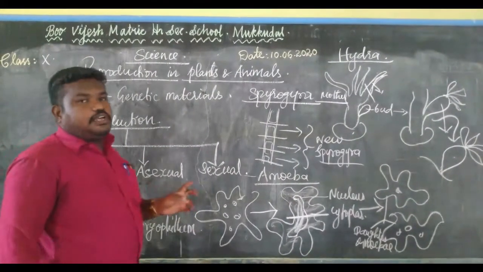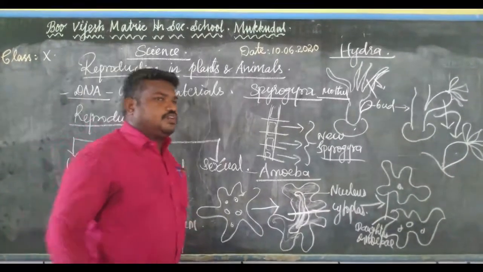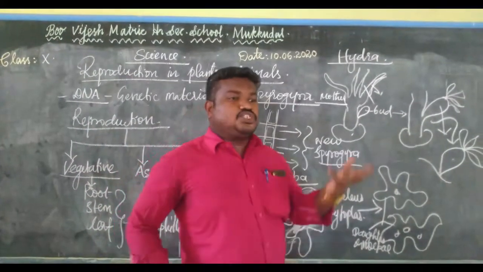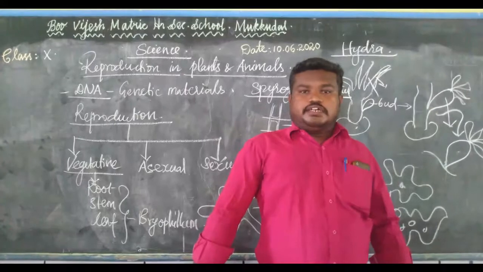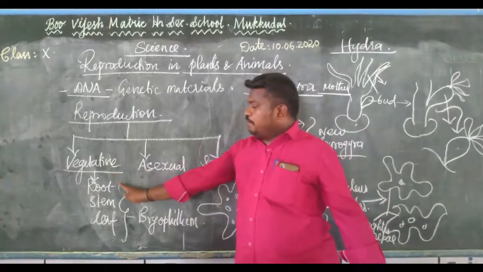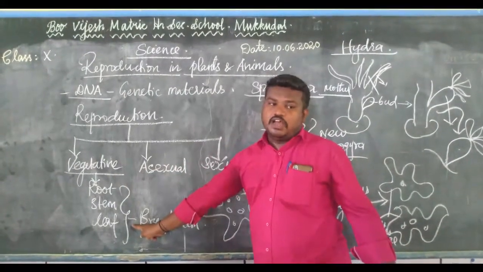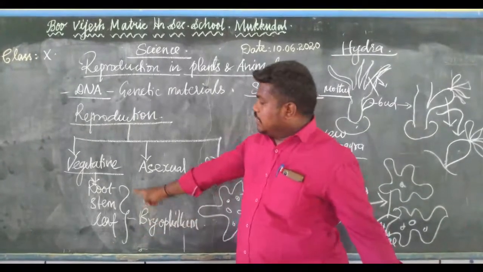Then next we will see asexual reproduction. What is meant by asexual reproduction? Here there are no gametes involved. So here the body parts produce their offspring, isn't it?